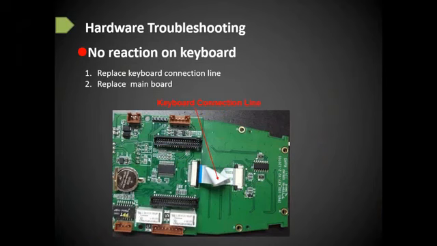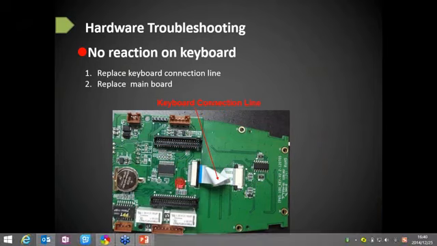If they didn't change any files, you can try to replace the keyboard connection line like this. This is the connection line of the keyboard. It must be useful to deal with these problems.